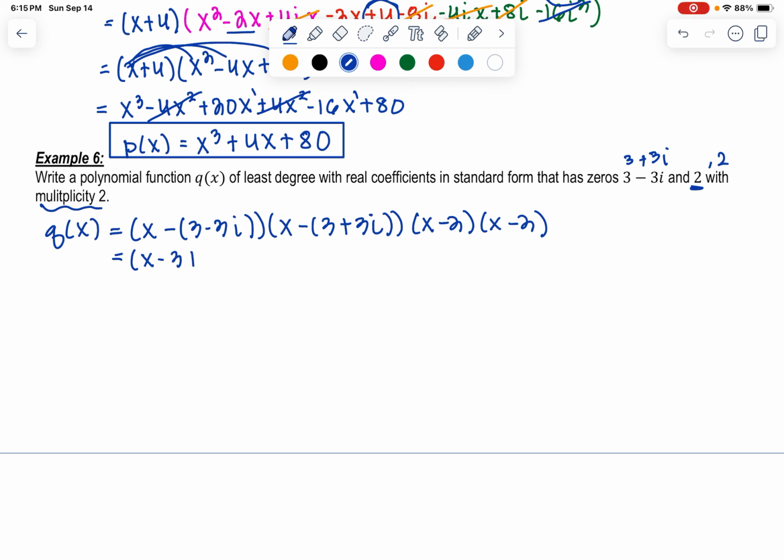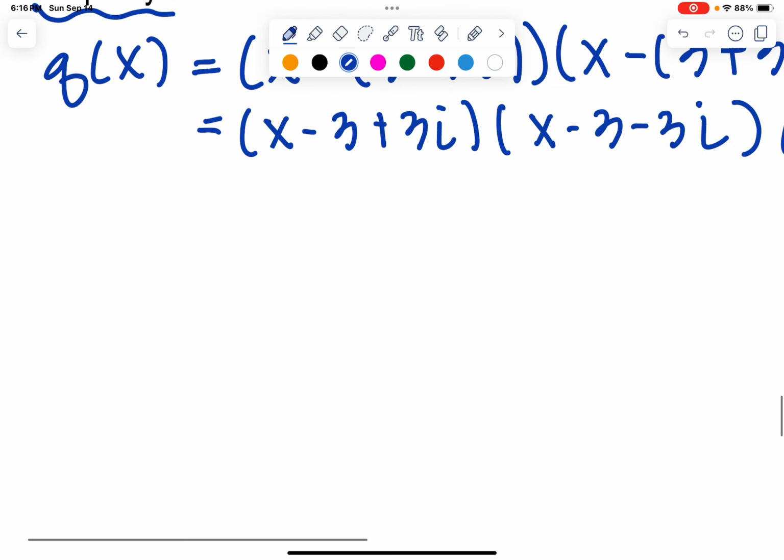So x minus 3 plus 3i, x minus 3 minus 3i. And then I'm going to multiply these two while I'm here because I just feel like it. So that's x squared minus 2x and minus 2x is minus 4x, and then plus 4. All right, now I'm going to multiply these conjugates here.